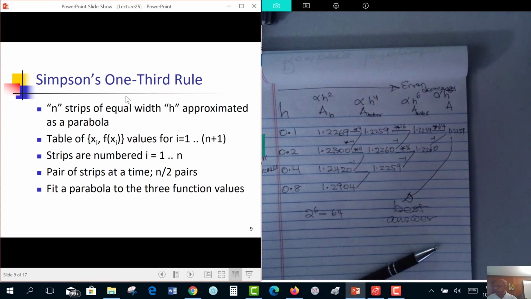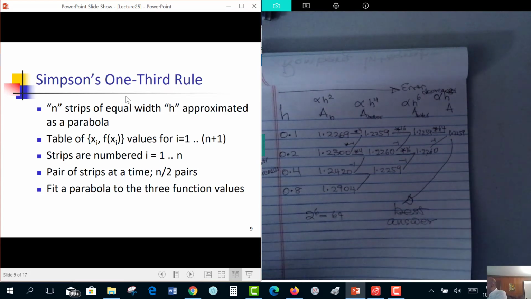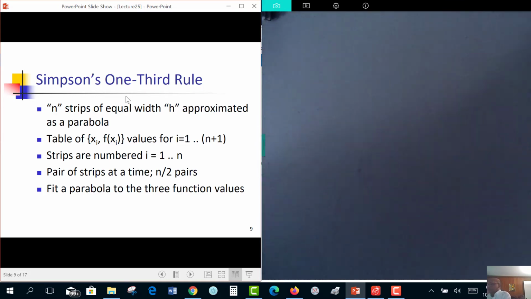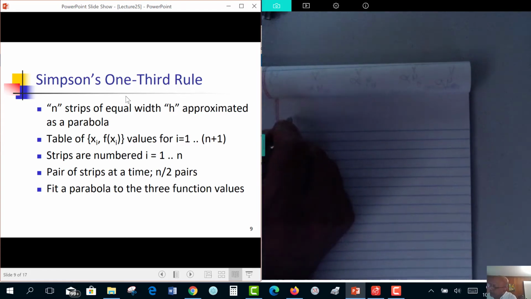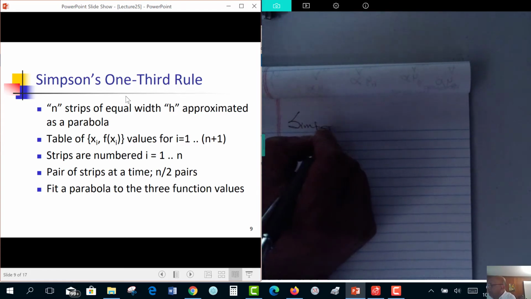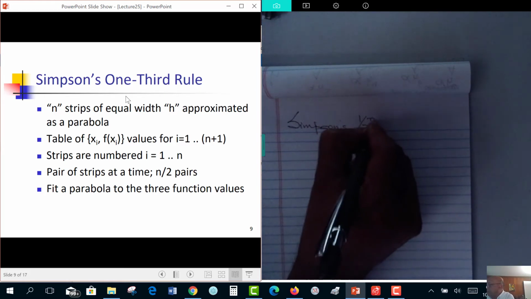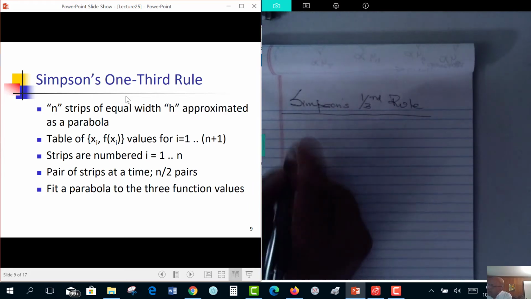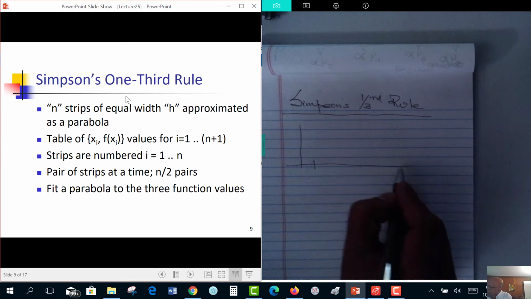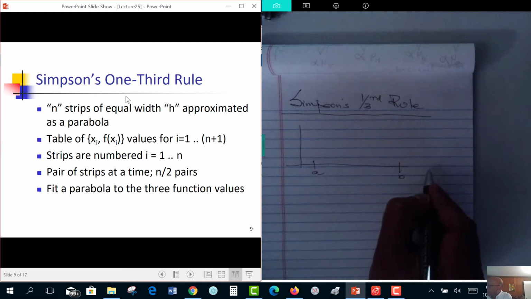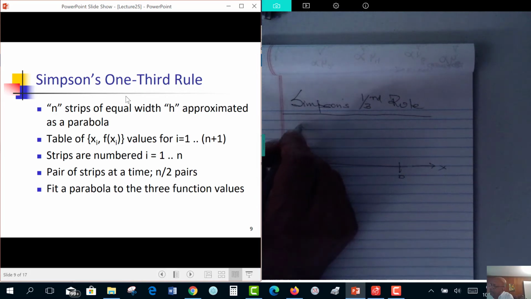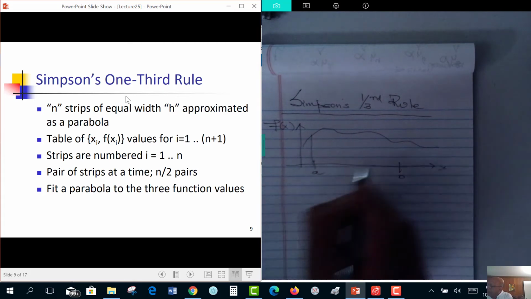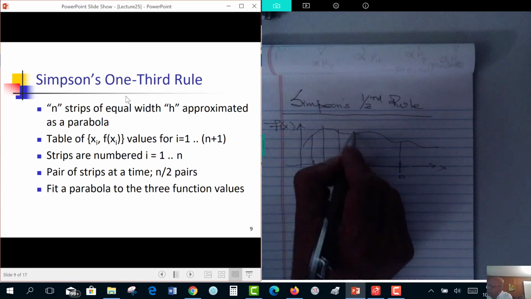Okay, let's look at our next method, called Simpson's one-third rule. In Simpson's one-third rule, we are still going to take our range AB and divide it into n equal width strips.